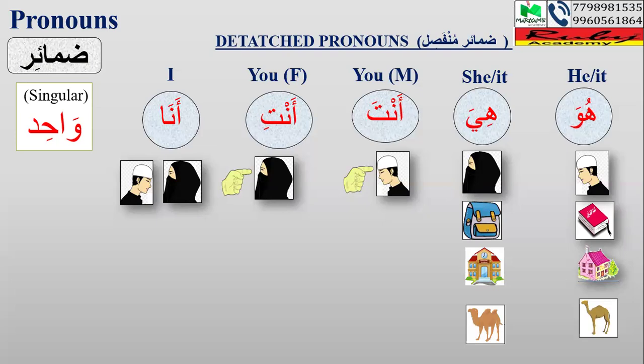Though it is irrational objects or rational objects, both are categorized into feminine and masculine. So we are taking here he or it, huwa, masculine, she or it, hiya, feminine, you, masculine, anta, you, feminine, anti, ana, I. These all are singular pronouns.